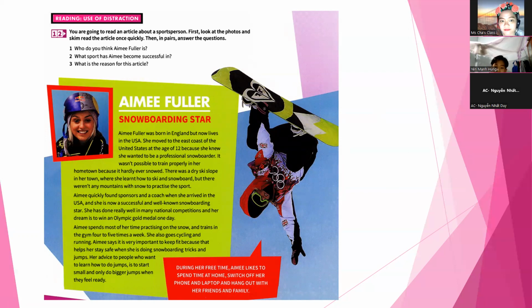Amy Fuller is a snowboarding star. Yeah, for that one, you're doing skimming, right? What sport has Amy become successful in? Amy became successful in snowboarding. All right. How about this one? What is the reason for this article?